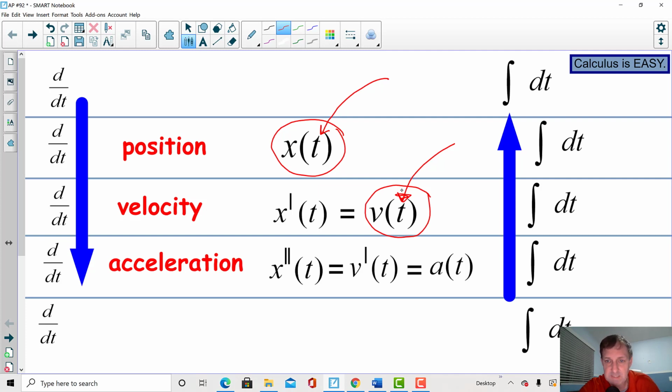It could be feet per second. The way the acceleration function works is, again, you plug in the t for the time, and then it tells you your acceleration at that time. One example could be miles per hour squared, or feet per second squared, or something like that. All right, let's have a look at our first example.